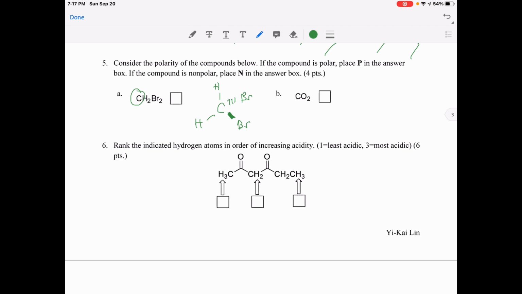there would essentially be no dipole moment for 2 reasons. One is that the CH dipole moment is pretty negligible, and also, even if there was a very small dipole moment from the carbon to the hydrogen, they would all cancel out by virtue of their geometry. But in this case, the same principle doesn't apply. So let's draw out our vectors.